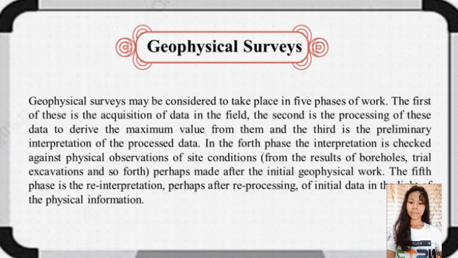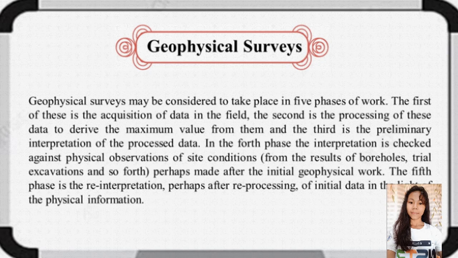Geophysical surveys may be considered to take place in 5 phases of work. The first of this is the acquisition of data in the field. The second is the processing of this data to derive the maximum value from them. And the third is the preliminary interpretation of the processed data.